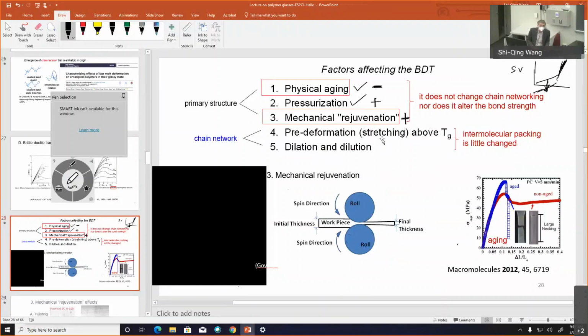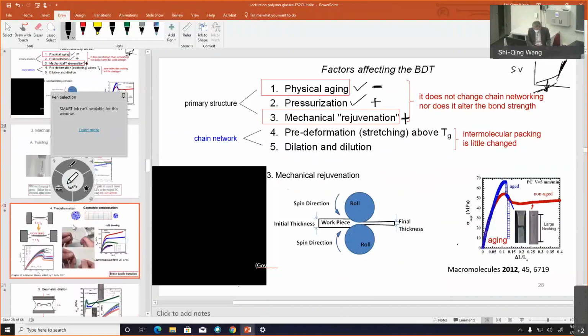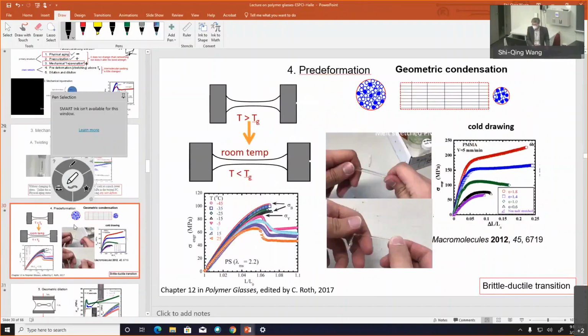I go back to rheology. You take your polystyrene above Tg as a melt, you draw it or melt stretch it. I mentioned something called geometric condensation. I don't know how much I will say in more detail, but basically, here's what you do.